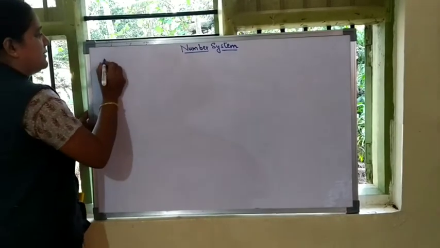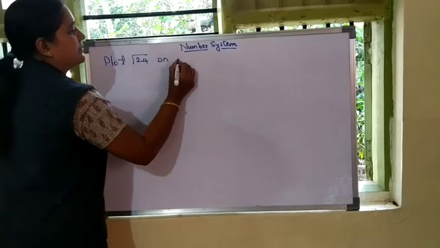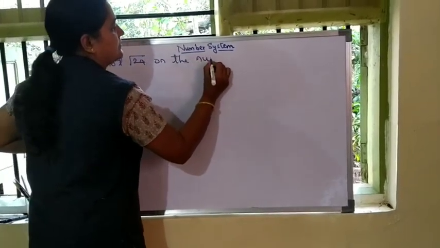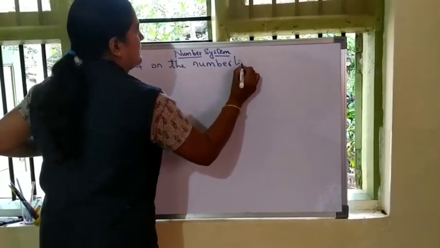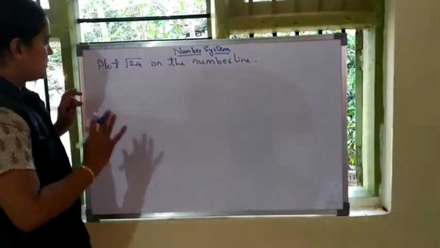If I want to plot root 24 on the number line, the same procedure applies.